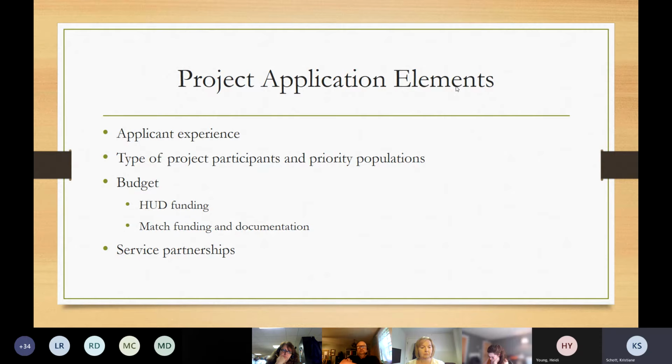Are you looking at serving those experiencing mental illness, families, youth, any of those things? We also specifically look at your budget. We are looking at HUD funding and match funding and documentation, along with your service partnerships with those people within your area that you are working with to provide supports to people in CoC projects.